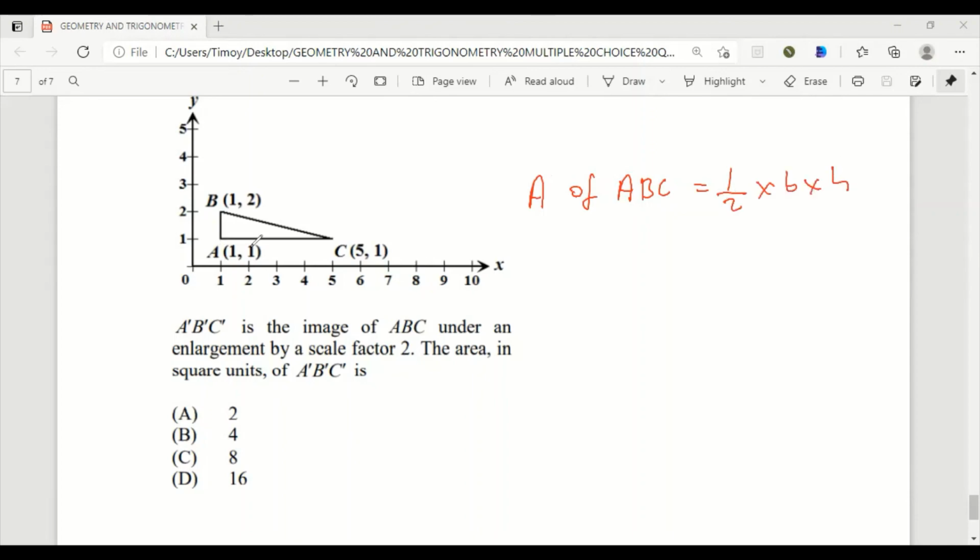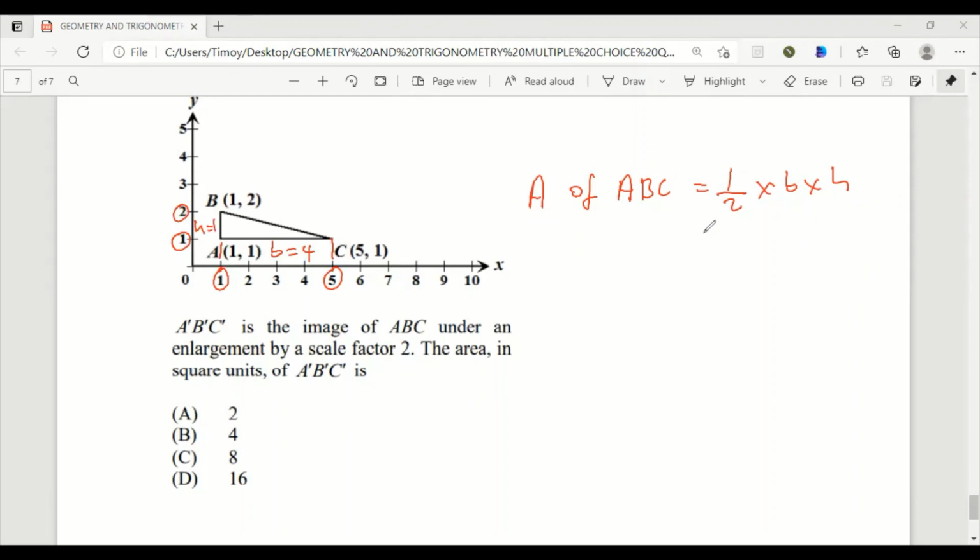What is the base here? Note that the first point here starts at 1 and it finishes at 5. So the base is the difference between these two values, 5 minus 1, which gives us 4. So B is going to equal 4. The height is the difference between 1 and 2, as you can see there, and that's just 1. So H is going to equal 1.